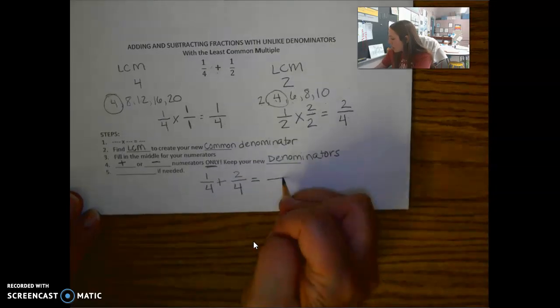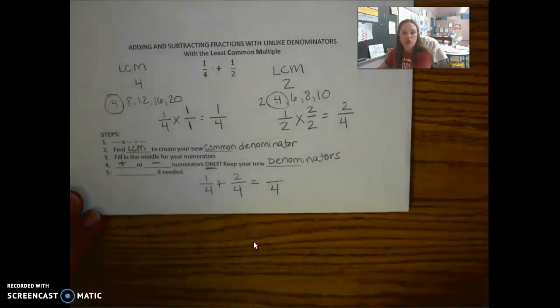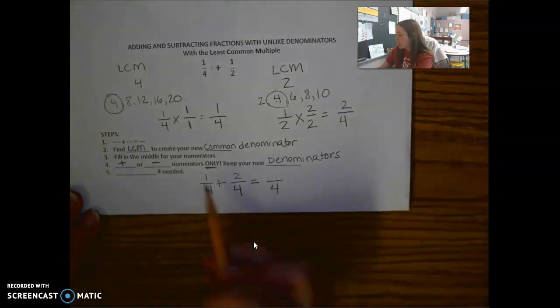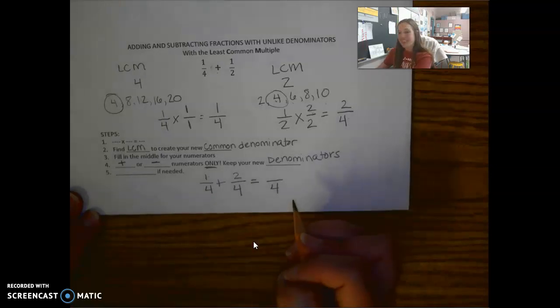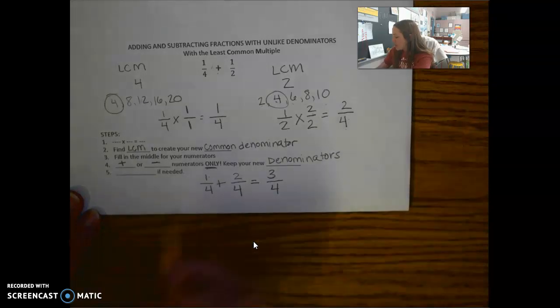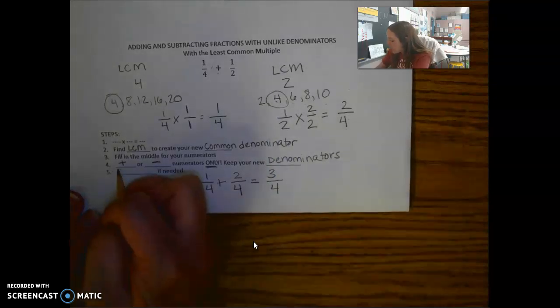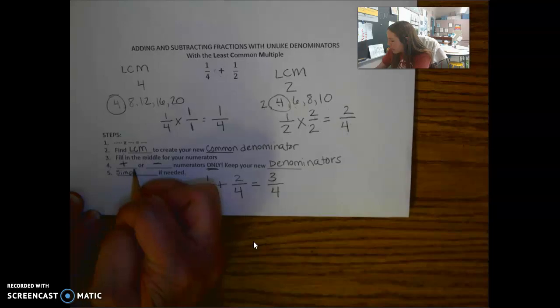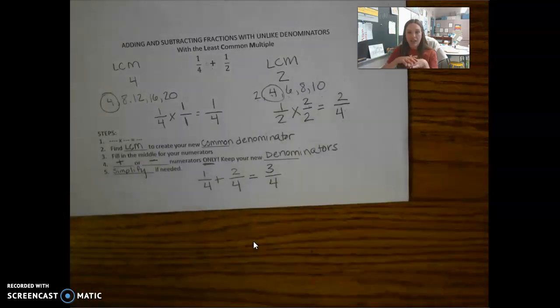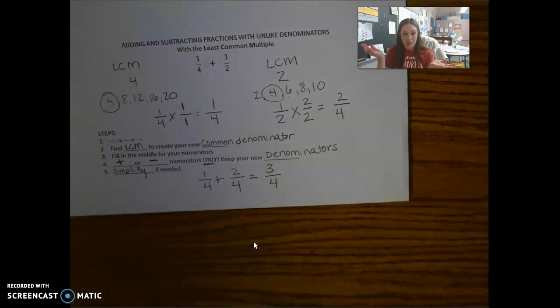Well, I know I'm keeping my 4. Just like yesterday, I don't add up my denominators. I'm only going to add my numerators. 1 plus 2 is 3. Then, if we need to, we will simplify. But 3/4 is simplified as much as it can be, so we don't need to simplify today.